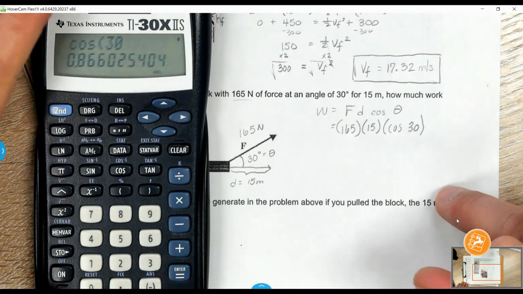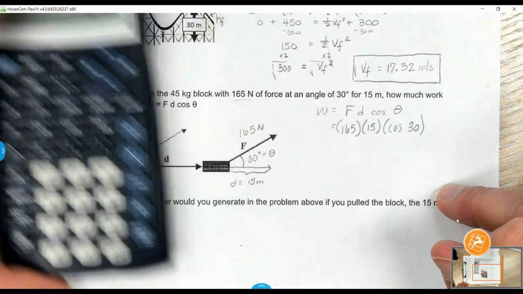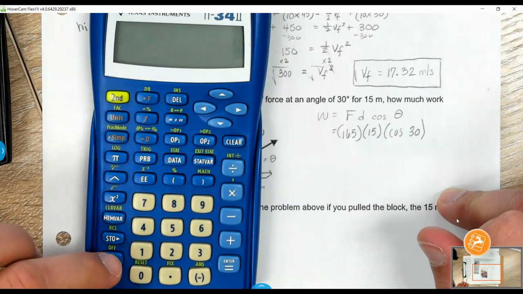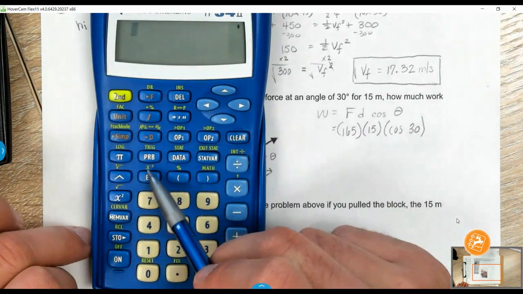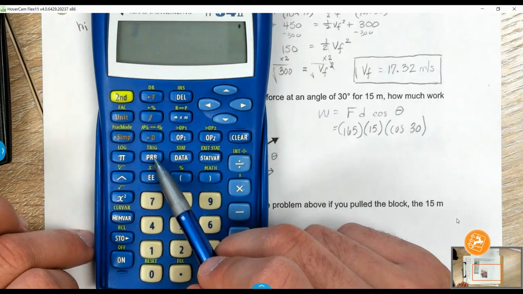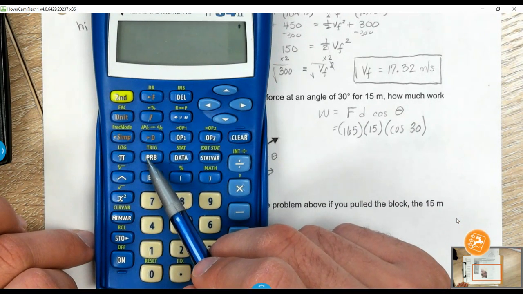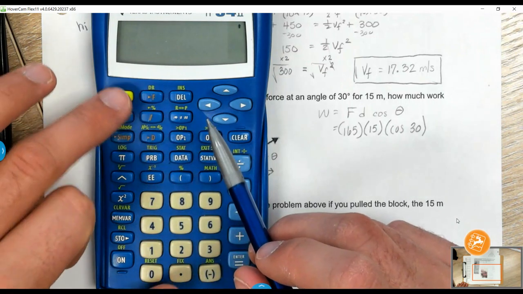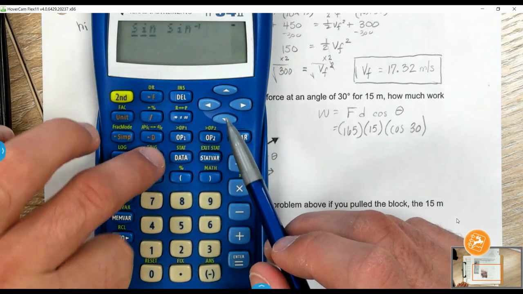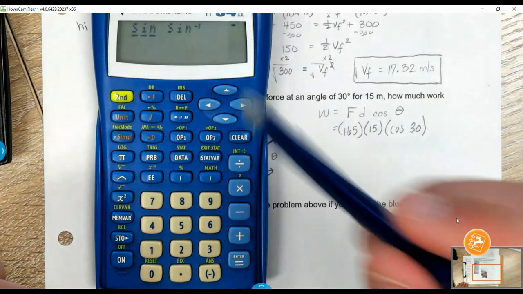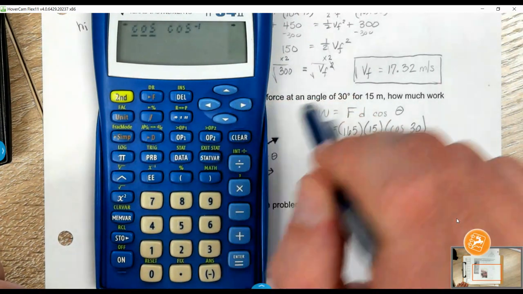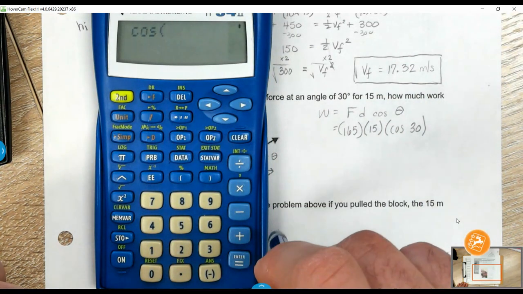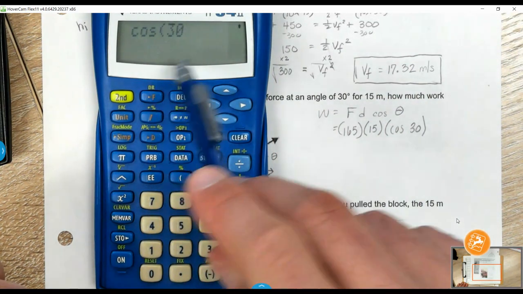Cool. Now, on this one, there's like 2 extra buttons you have to hit. Above the double E, you have the button that's white here. It says PRB, but we want the yellow, the trig. So I would hit second to get to the trig functions, and then go over until I get to cosine, not cosine to the -1. Click on it. Type in my angle.